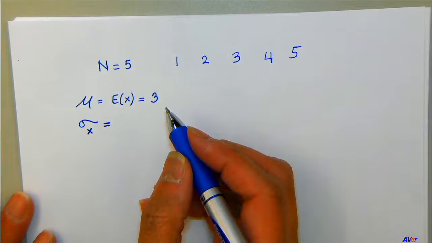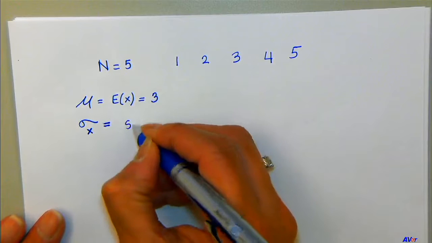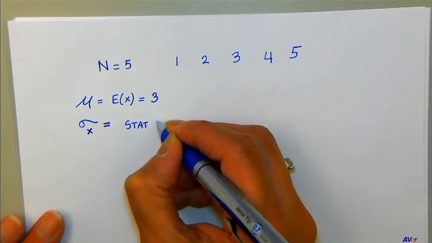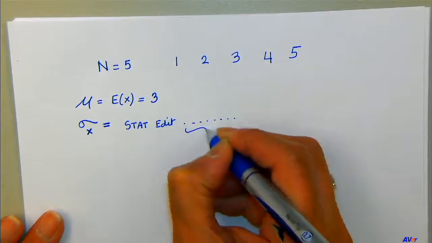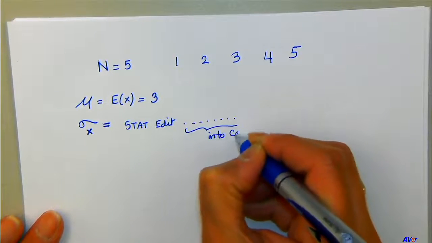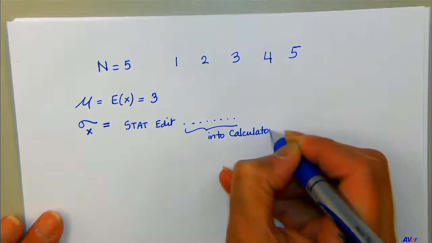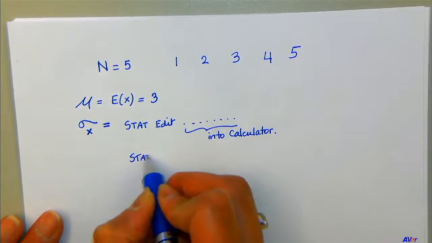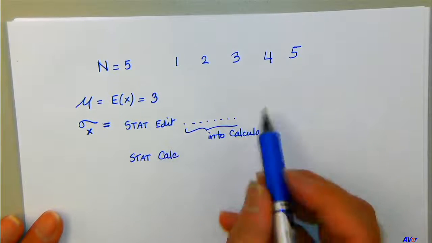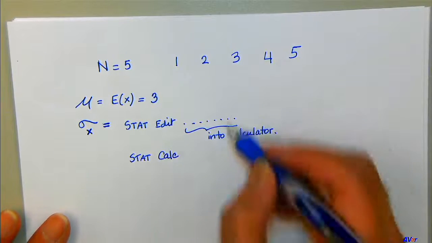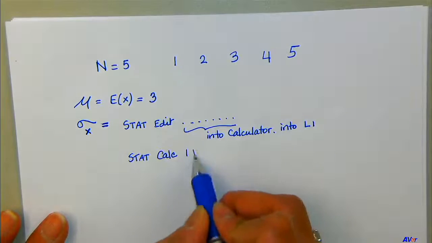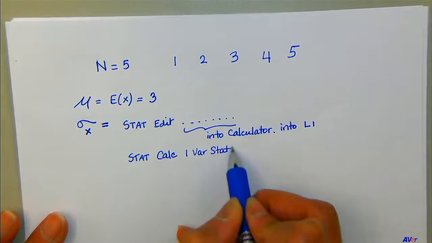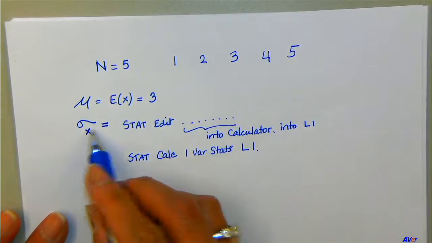How do you know this? You stuck it in your calculator? Yeah. Okay, so I can go stat, edit, put these numbers into your calculator, into list 1, let's say, into L1, and then stat, calc, one variable stats on L1, and it will give you the sigma x.